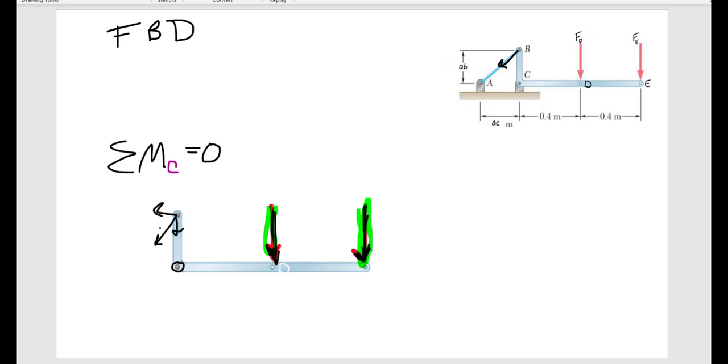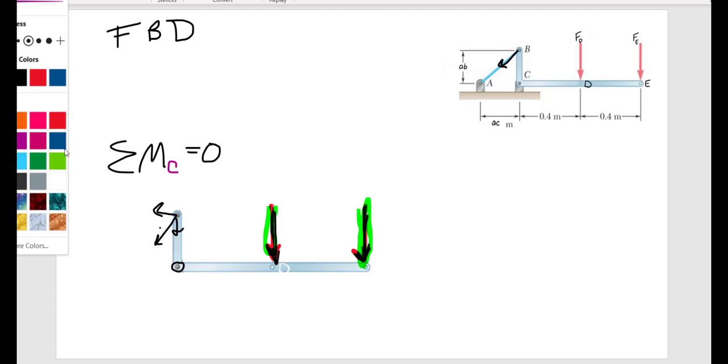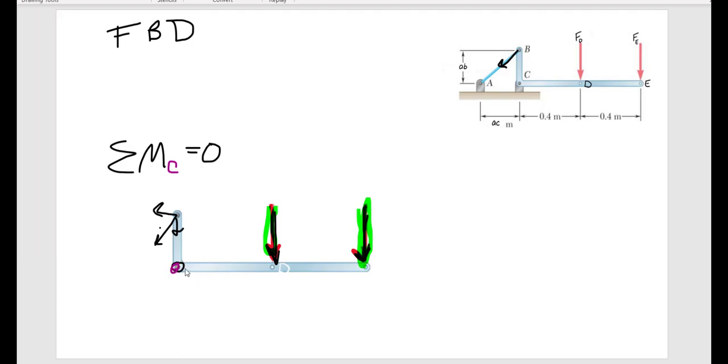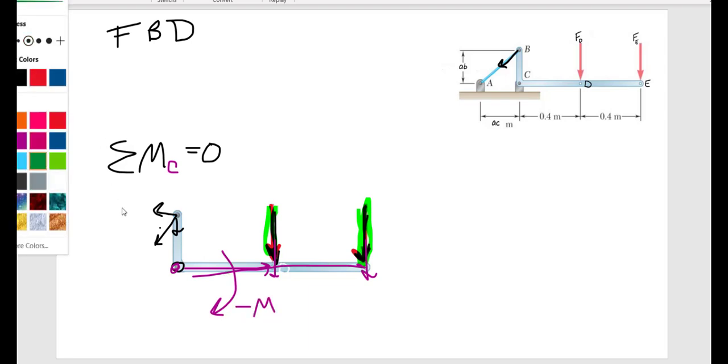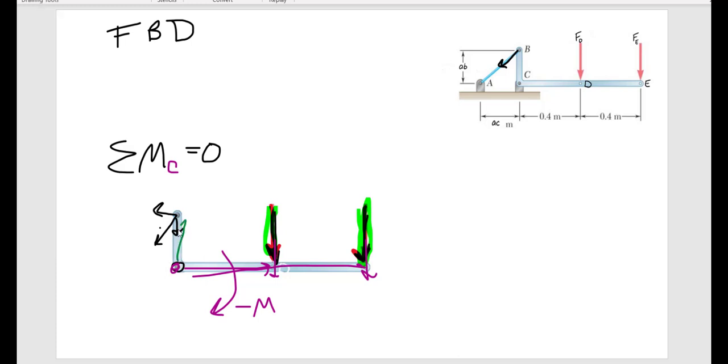Okay, so here's our moment around C. And again, we're coming over to D and over to E. So there's that negative clockwise moment. And to balance that out, we would then need from C up to this tension. So there's a positive moment to counteract it. From this one, we could figure out what the x component of that force is.